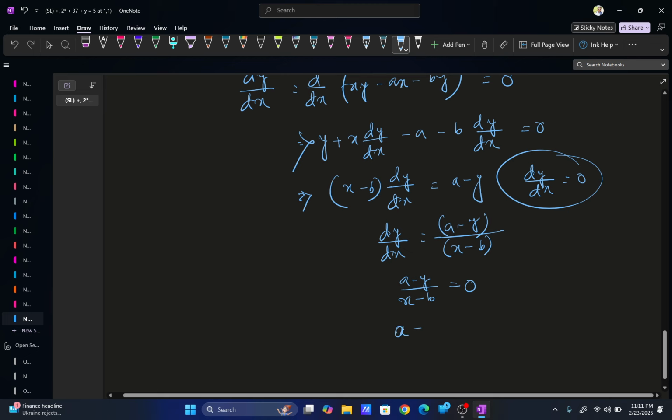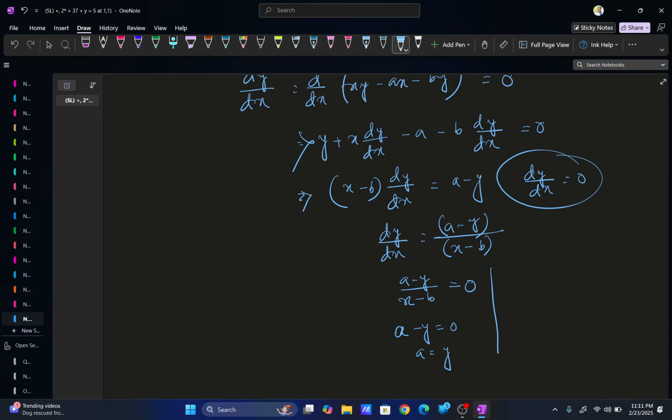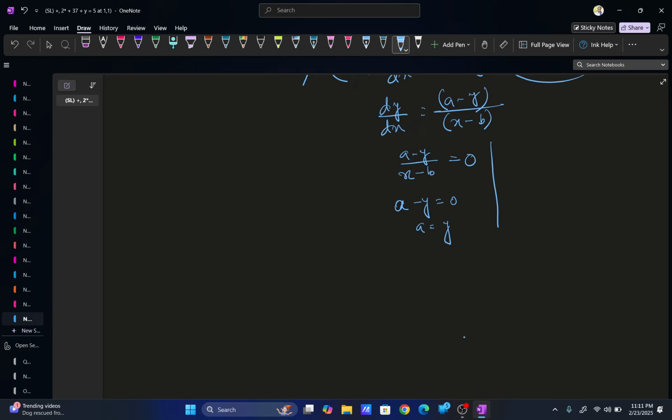So a minus y equals 0, a equals y. We also know the point is (1, 1), so x equals 1 and y equals 1, so a equals 1.